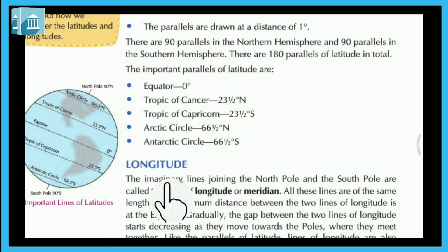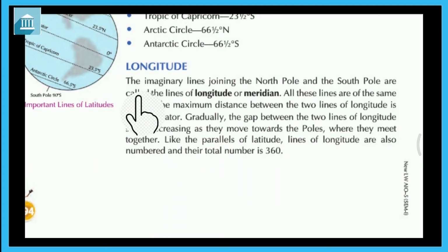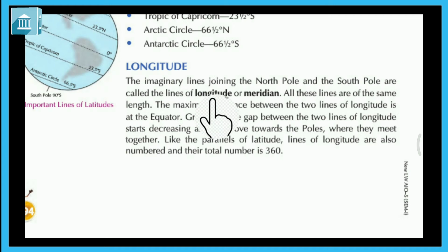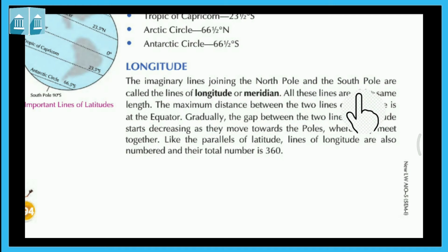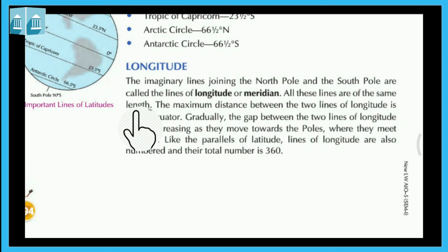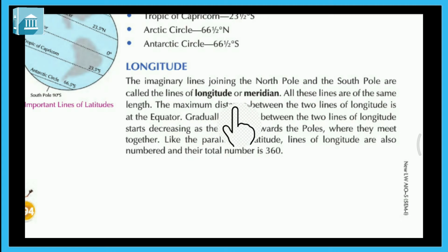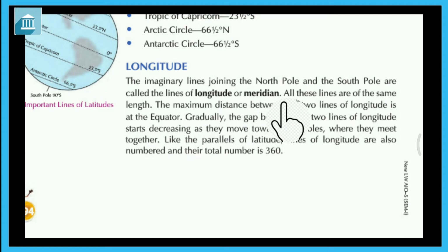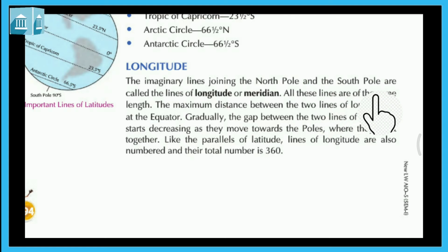Longitude. The imaginary lines joining the North Pole and the South Pole are called the lines of longitude or meridians. All these lines are of the same length.